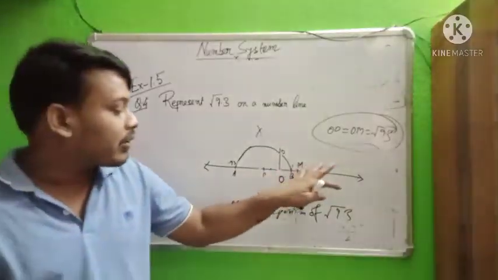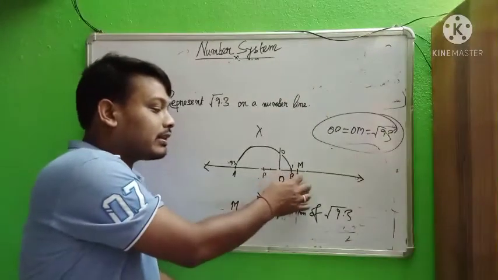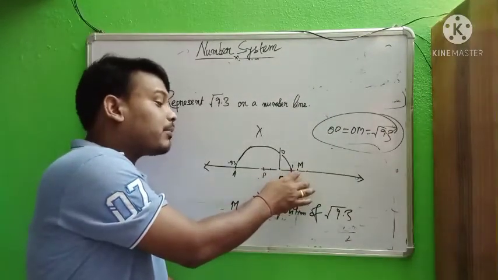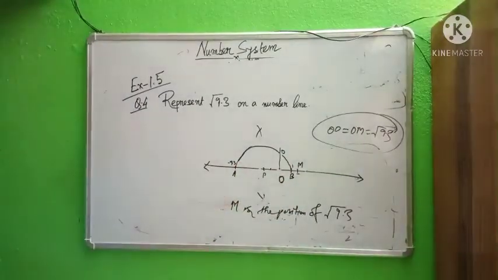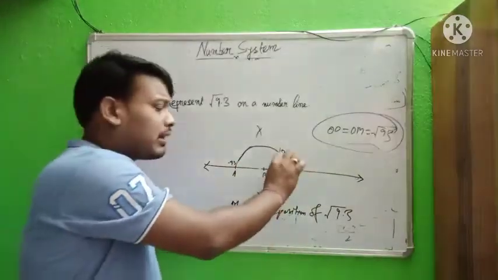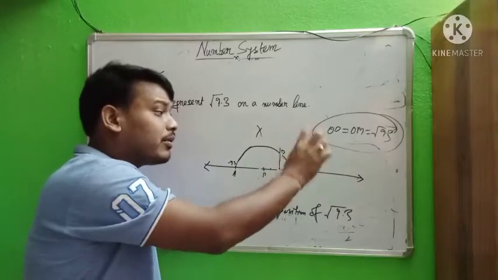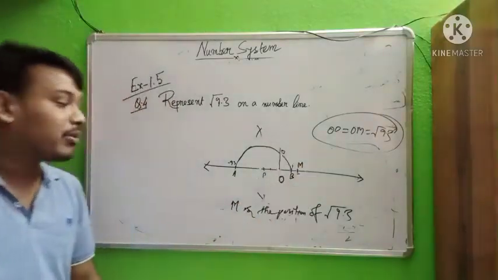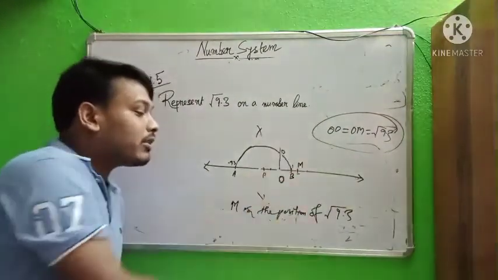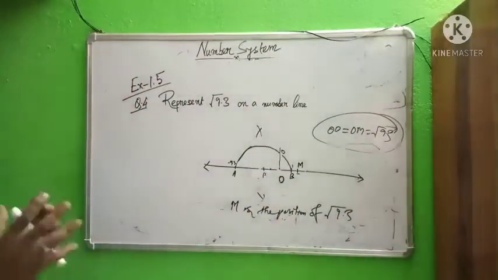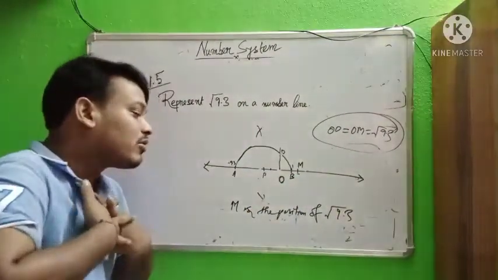Sorry, here the value of OD is root over 9.3, not 9.3. So M is the position of root over 9.3, or M is the representation of root over 9.3.